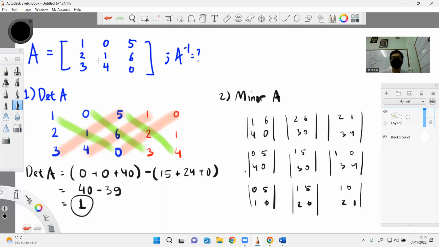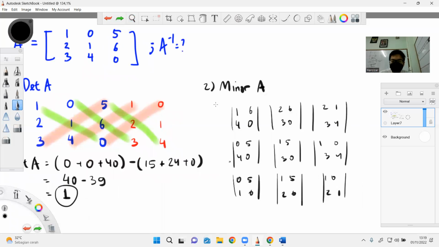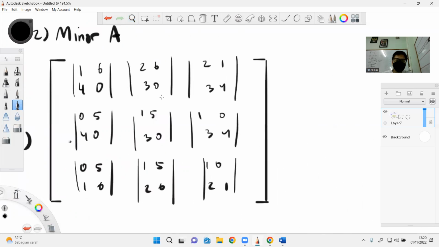Okay. If I do something wrong, please let me know. After you get the minor, find the cofactor. But again, you need to find the determinant of each element, right? So before we find the cofactor, solve it first.